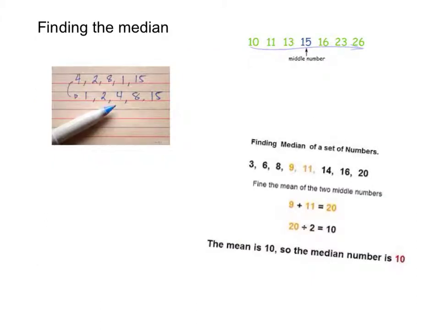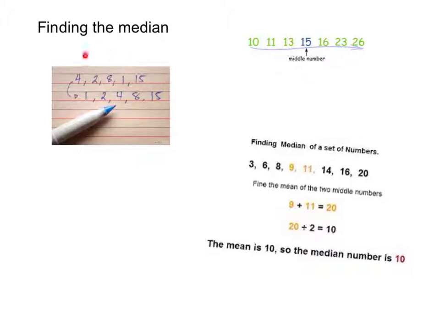To find the median of a set of data, it is really important that the data is in order, because the median means the middle number of a set of data in order. So we've got a couple of examples here.